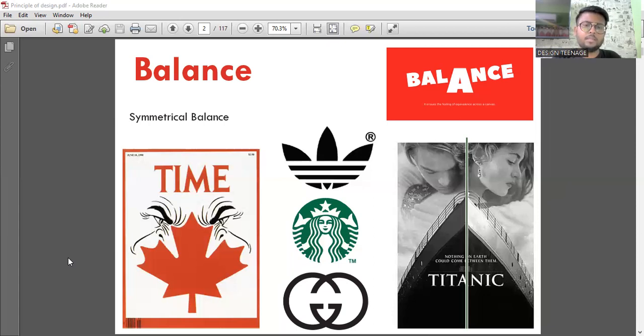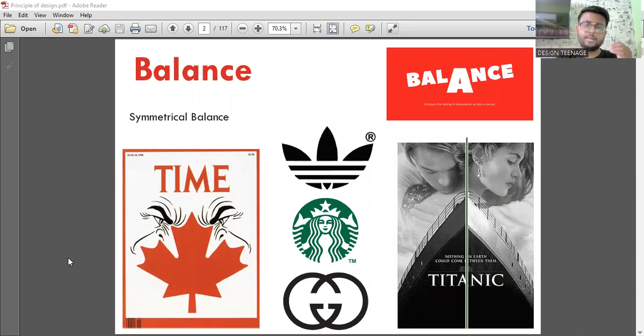So talking about balance, the very first kind is known as symmetrical balance. When we talk about symmetry, this very word defines that whatever is there in the composition, we will try to find the axis that might be horizontal, vertical, or diagonal. On both sides of the axis, similar things are present.